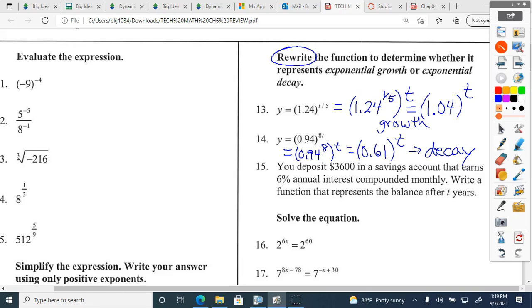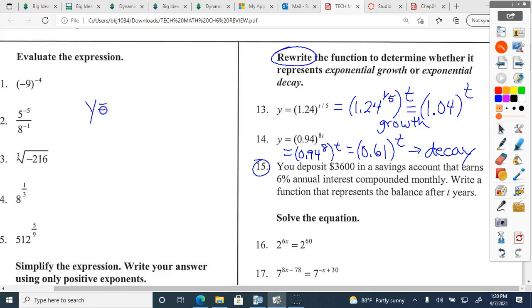Maybe. 15. You deposit $3,600 in a savings account that earns 6% annual interest compounded monthly. Write the function that represents the balance after 2 years. So 15 is one of those where we have to remember the equation. Okay?